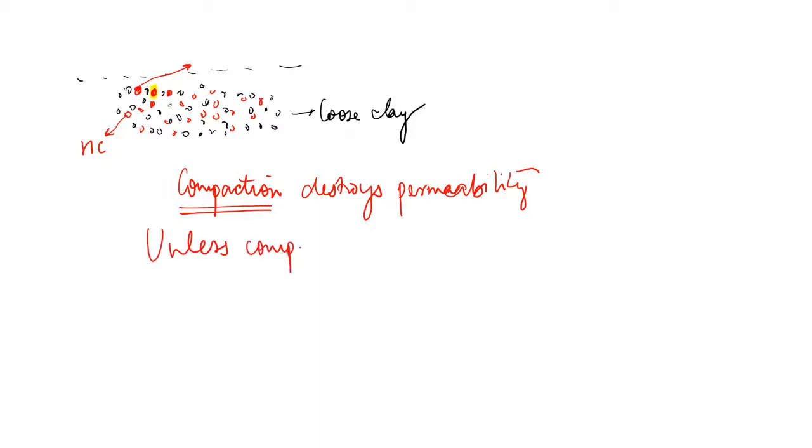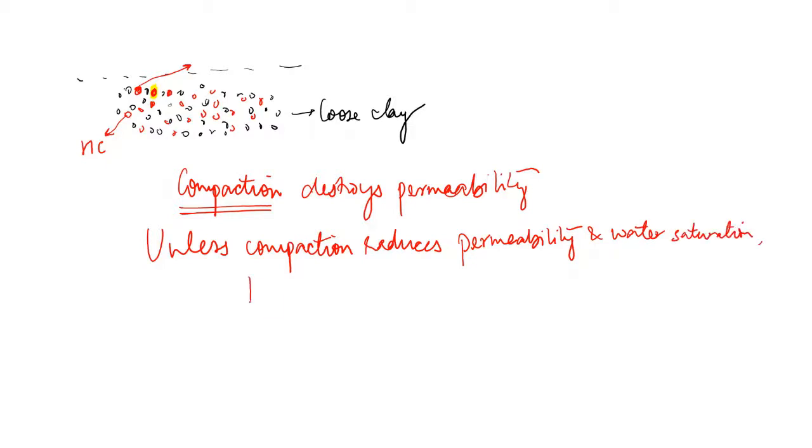Unless compaction reduces the permeability and water saturation of those sediments, the temperature for hydrocarbon generation itself is not achieved.